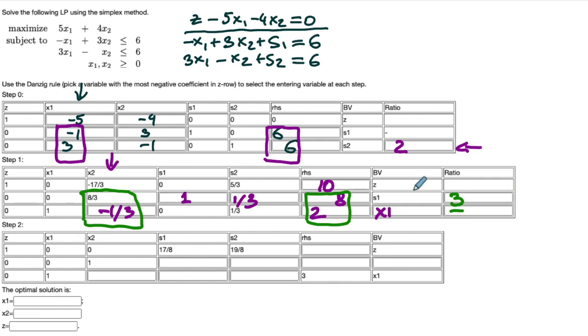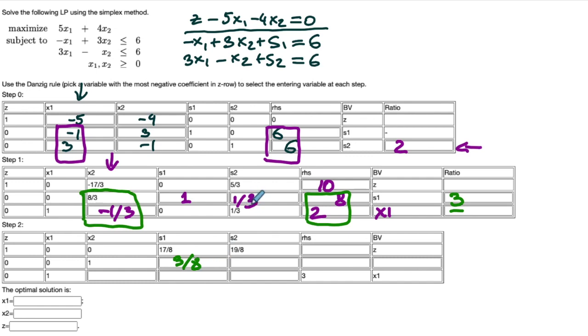For this, what we do, first of all, we need to make sure that the coefficient for x2, the new basic variable in this row, is 1. Which means that we need to divide this row by 8/3, which is the same as multiplying by 3/8. When we multiply it by 3/8, we'll obtain 1 at this position here. So then 1 times 3/8 is gonna be 3/8.